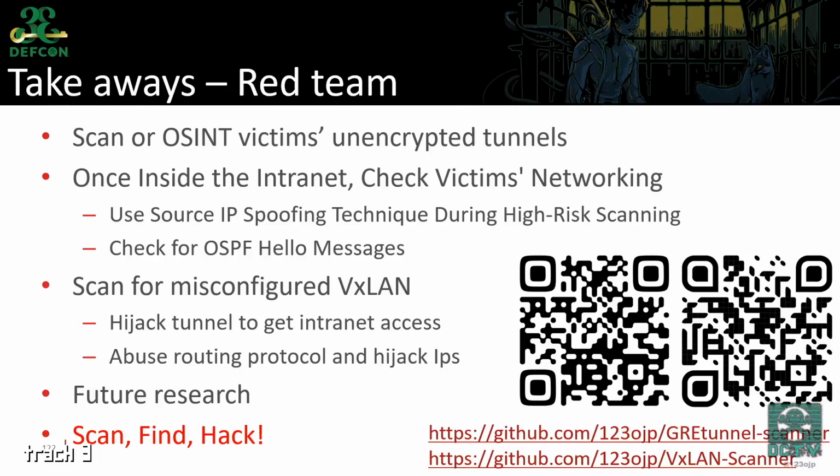Look for OSPF hello messages to identify active routing protocols and potential attack paths. Scan for misconfigured VXLAN tunnels. If you find a vulnerable tunnel, hijack it to get initial access. Abuse routing protocols and hijack IPs for lateral movement and privilege escalation. Red teams can continue looking for more vulnerable protocols in the future. Remember: scan, find, hack.